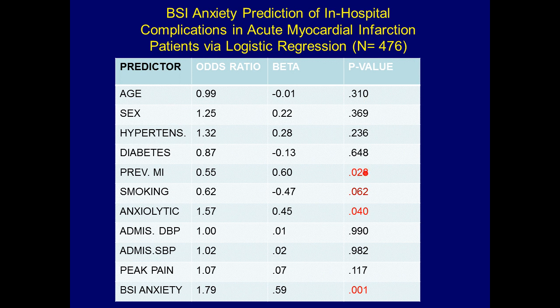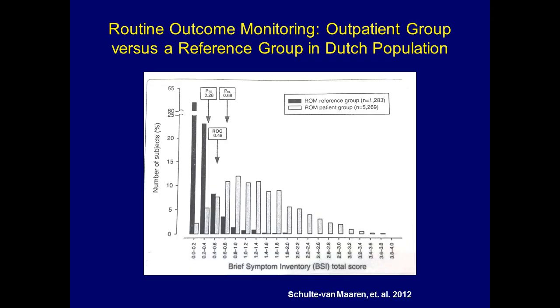Almost there. Now, this is just a study that I like because of the size. It's outcomes monitoring, and I'm very much in favor of outcomes monitoring with these brief instruments. You can get so much information with so little investment of time and energy.